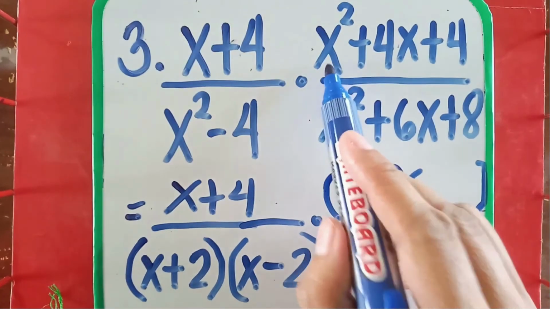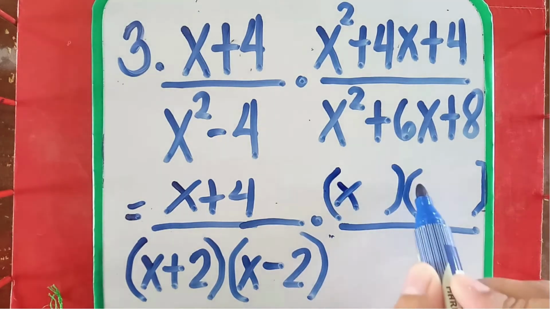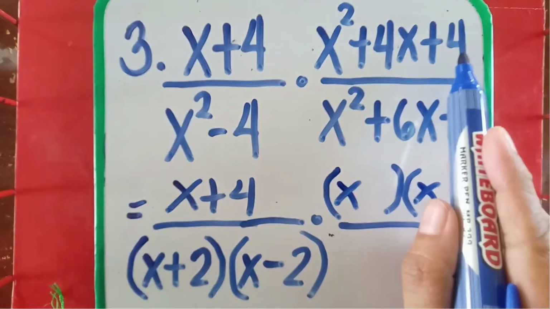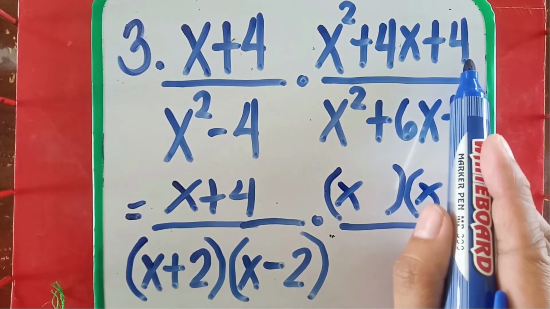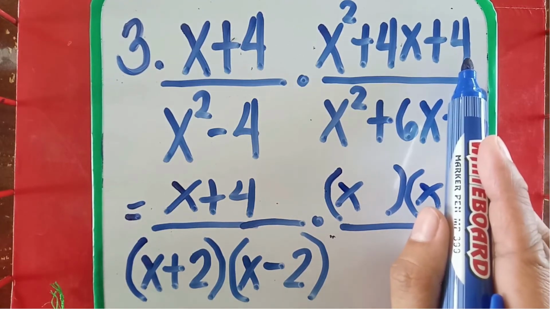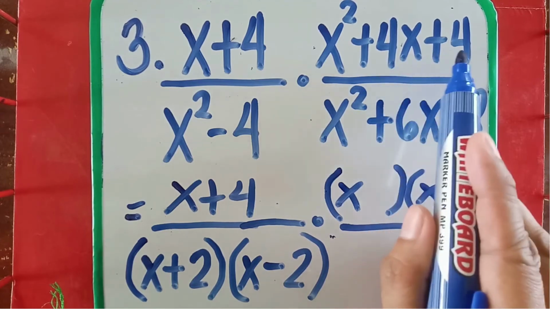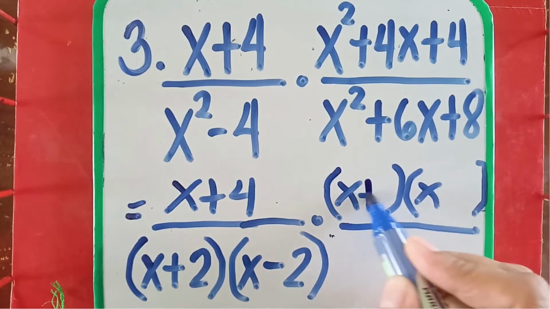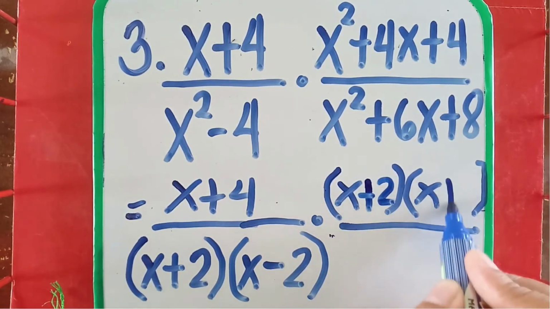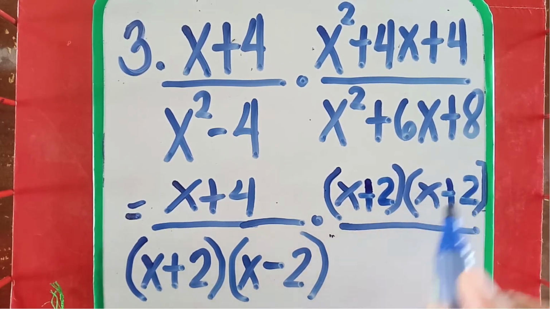And then, the square root of x squared is x. Think of a number when you multiply, the product is 4 and the sum is 4 also. So that is 2 and 2. So we can have here plus 2 and plus 2.